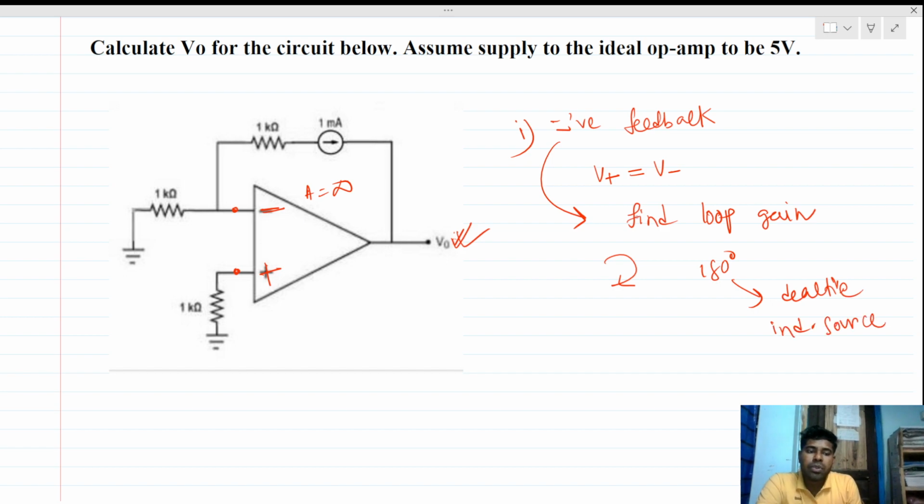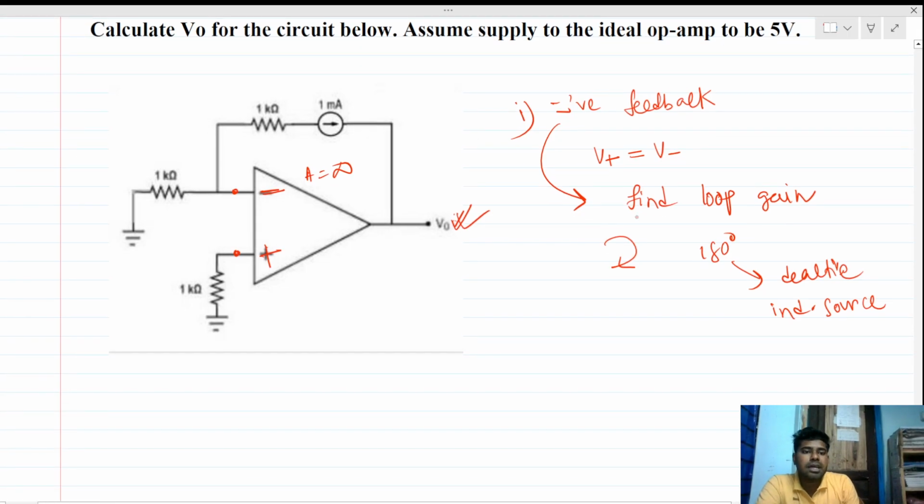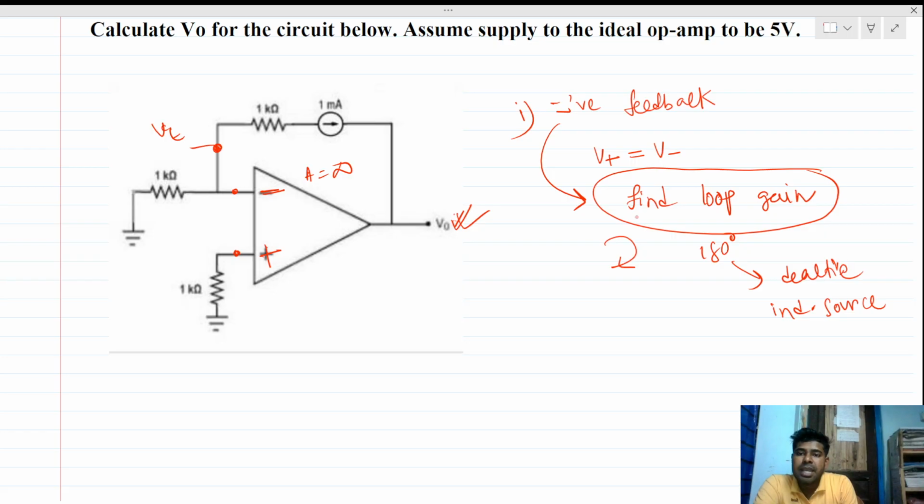Actually we are not going to find the loop gain here. For loop gain, you cut this node here and apply a small-signal test voltage Vt, traverse the loop and get back to this node again. Let's say the potential at this node will be V test.